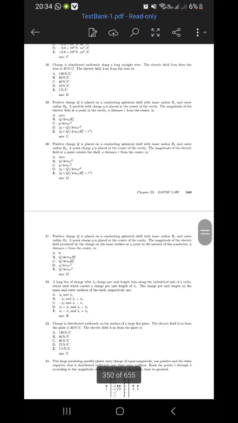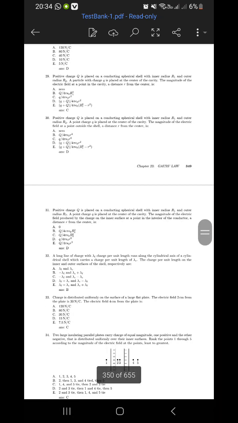Positive charge Q is placed on a conducting spherical shell with inner radius r1 and outer radius r2. A point charge q is placed at the center of the cavity. The magnitude of the electric field at a point outside the shell, a distance r from the center, is D. So you add Q plus q, divided by 4 pi epsilon-naught r squared. Go slow.